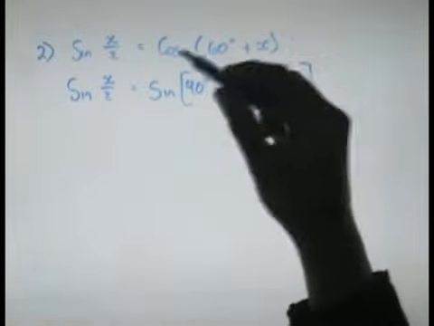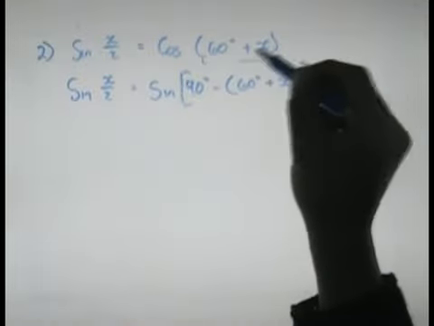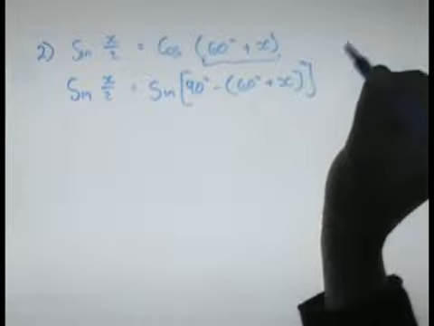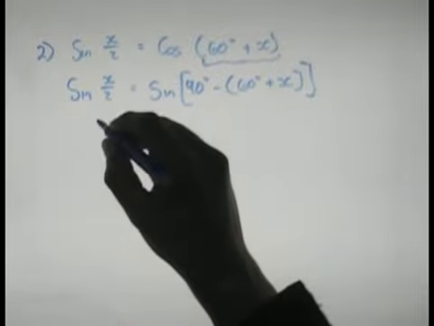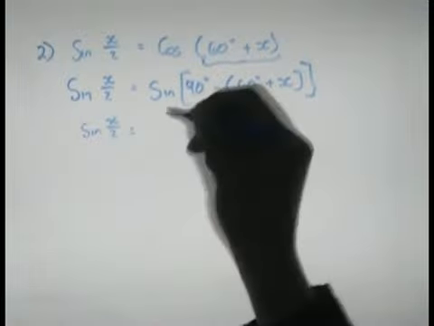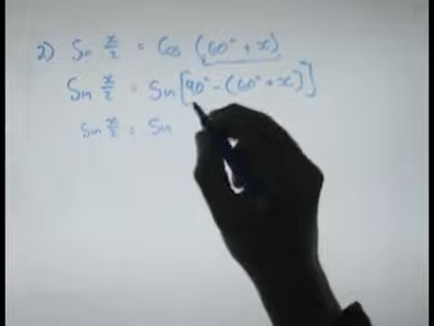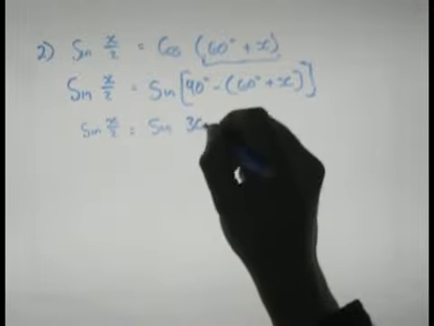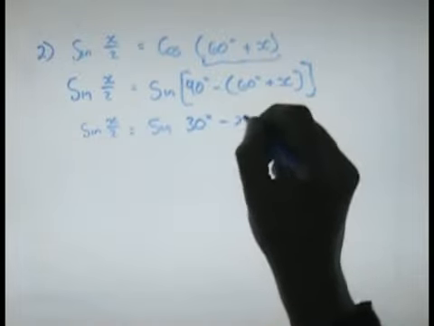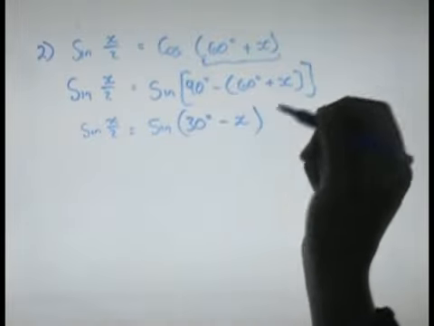Don't let the brackets confuse you. I'm still doing the same thing as previously, except now we've got a whole bracket there. This means that sine x over 2 is equal to sine of (90 minus 60, which gives me 30 degrees, minus x). Minus times a plus is minus.